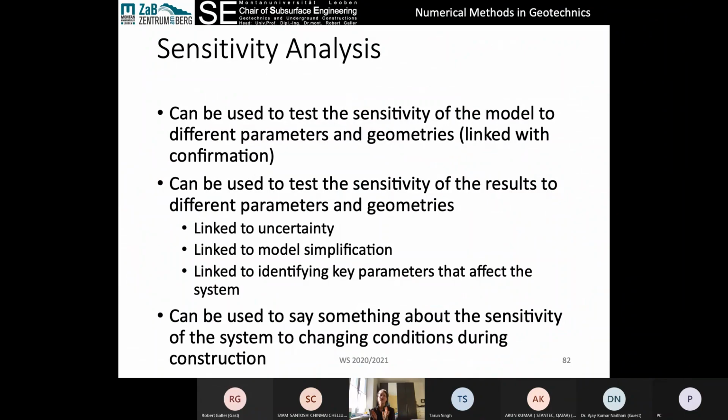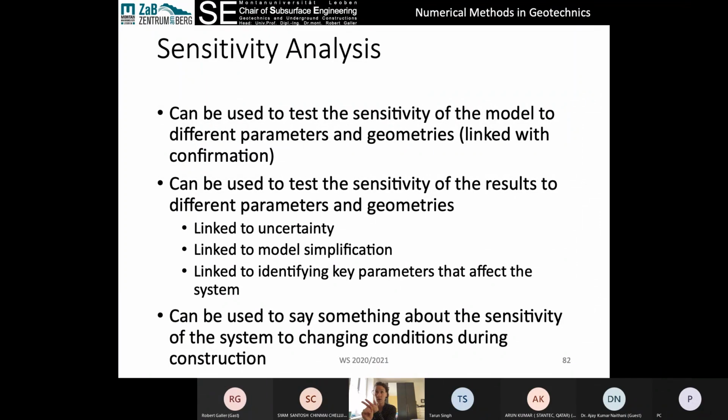So there's a couple of different things that we're doing for a sensitivity analysis. The first would be linked with confirmation, like I already talked about. And the next is dealing with the fact that we're simplifying our model. So we're simplifying the material. We're dealing with natural materials. We know that there's a lot of variability, a lot of uncertainty in the parameters that we're putting in there.